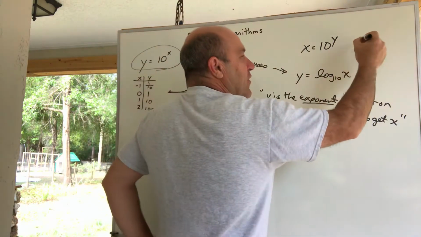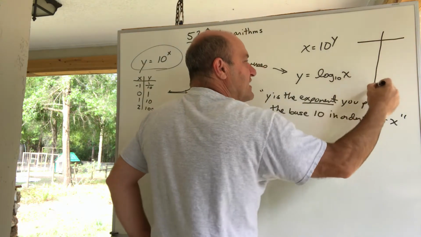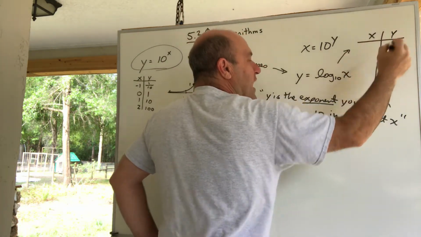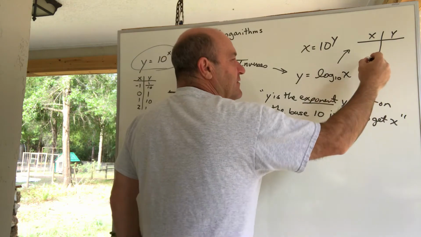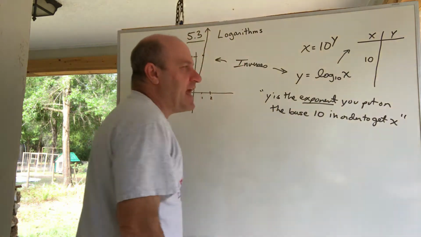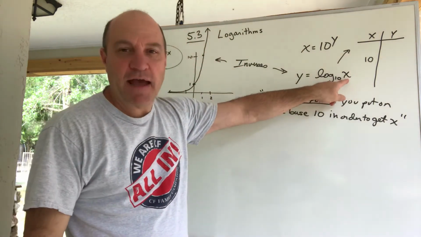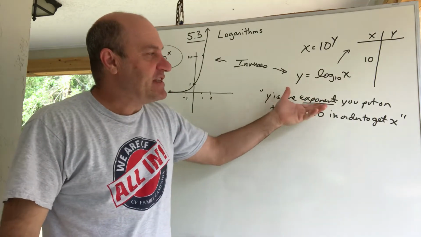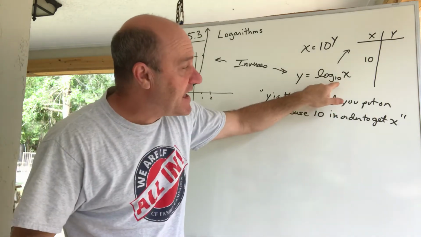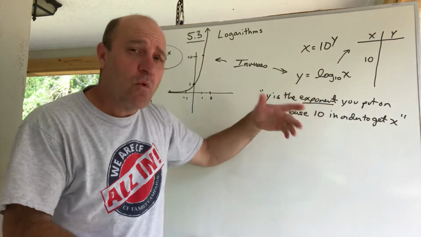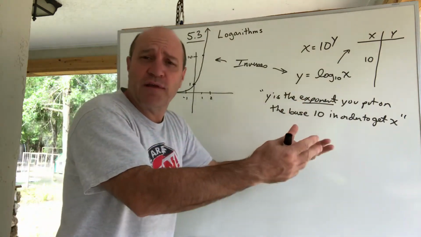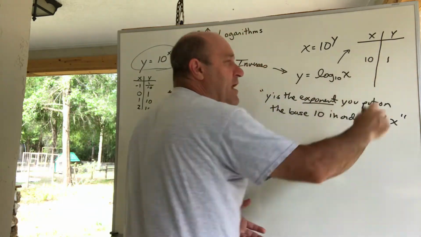So let's try a few. I could make a little chart for this, x and y. If I plug in 10 for x, I'm looking for y, which is the exponent you put on the base 10 in order to get 10. What exponent do you put on 10 in order to get a 10? I think the exponent would be 1.